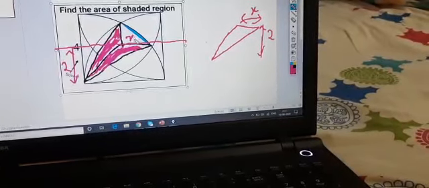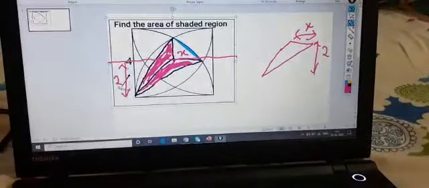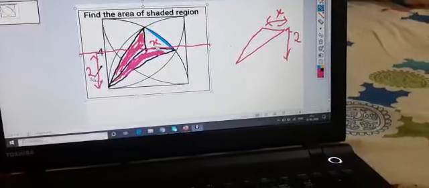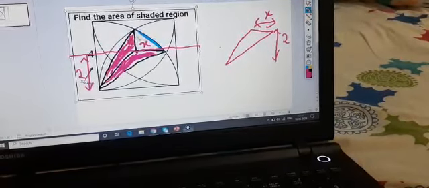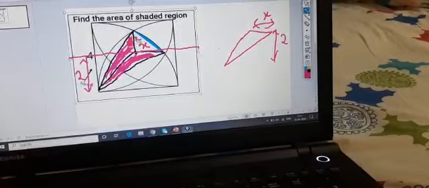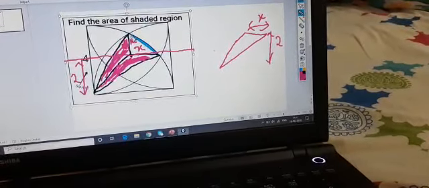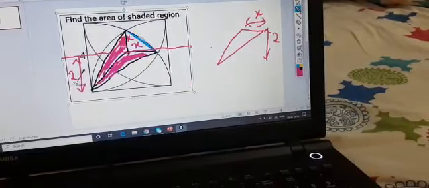This is x. So this is a very good observation, that this part is actually height of the triangle, this part. Now how can we get the part x? So if this is x, this part is also x, and we have to find the area of this part.